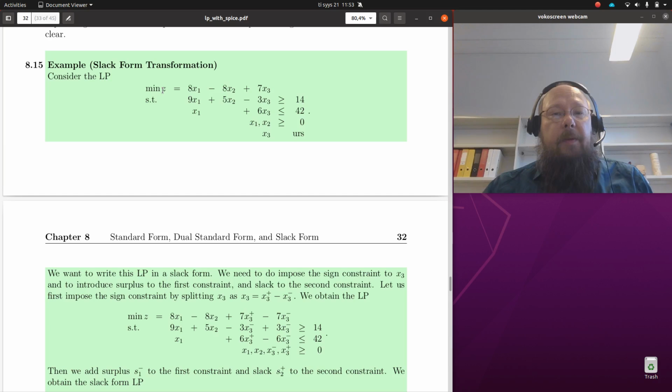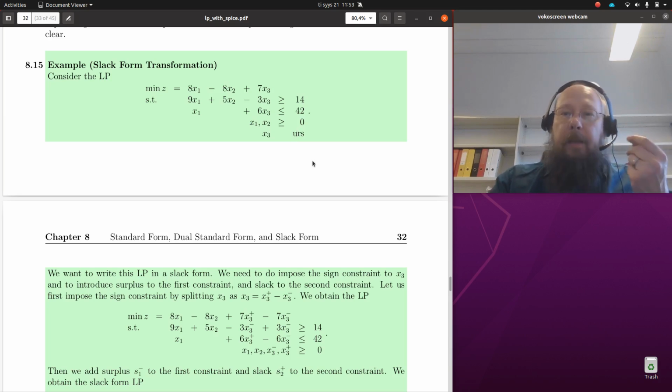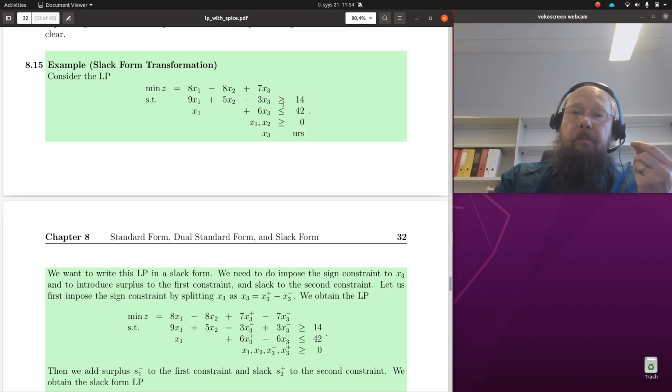So what has to be done? One thing that has to be done is to split x3 into positive and negative part, and this is what I do in the first step. I could have started by introducing the slacks and surpluses also. Sometimes the order of these algorithms is not important, and in this case that's so.